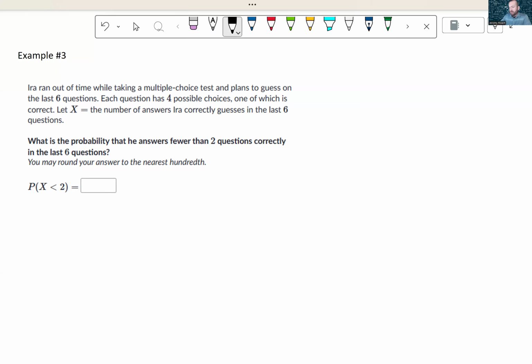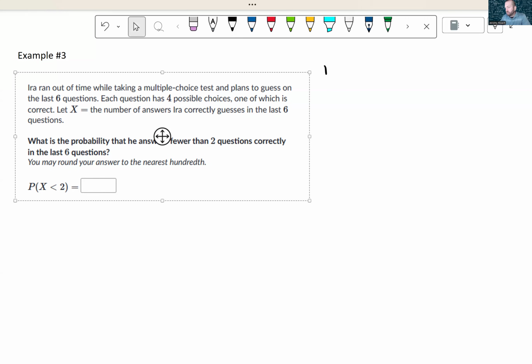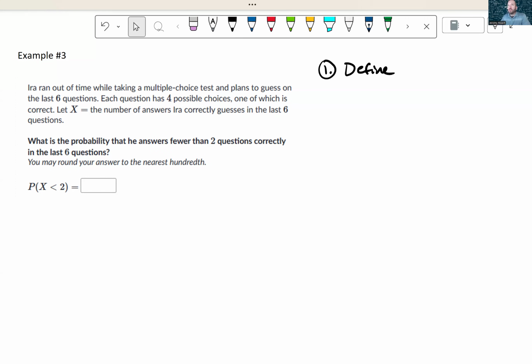So this says what the question is asking. Fewer than 2 questions correctly: the probability that the number of questions answered correctly is less than 2. So we're going to define the variables again, or more specifically, define the probability that x is less than 2 in terms of probabilities of x equaling some values.